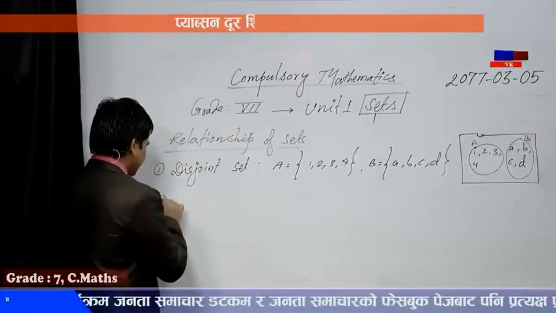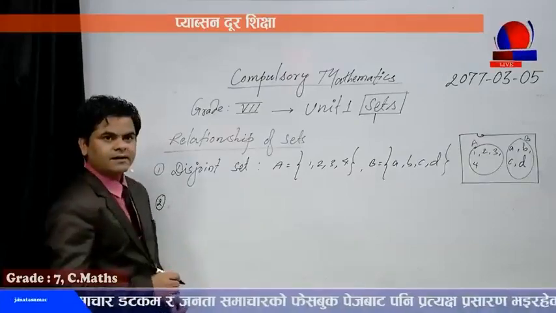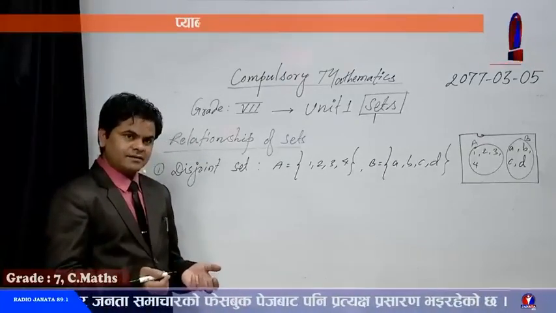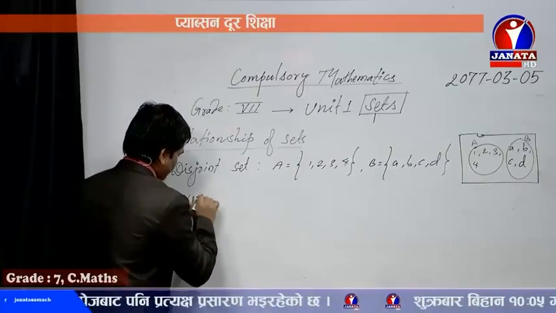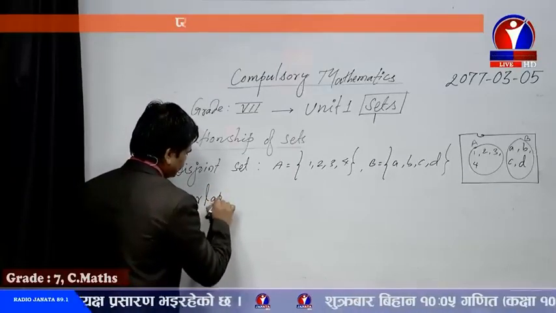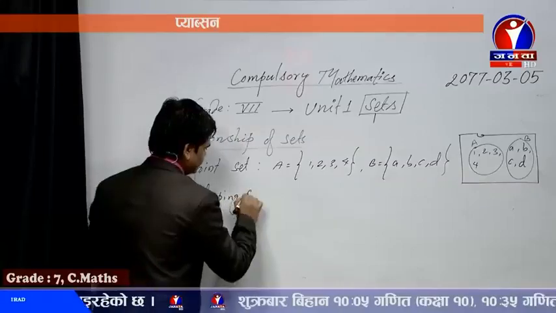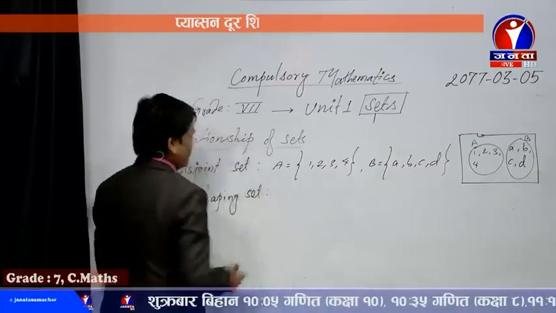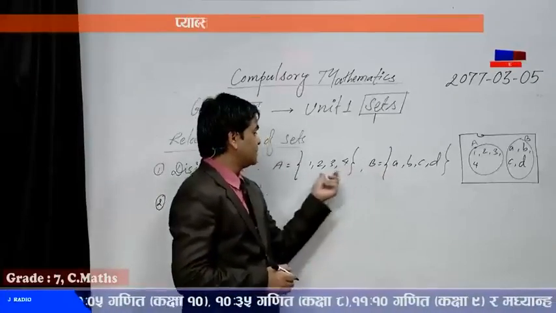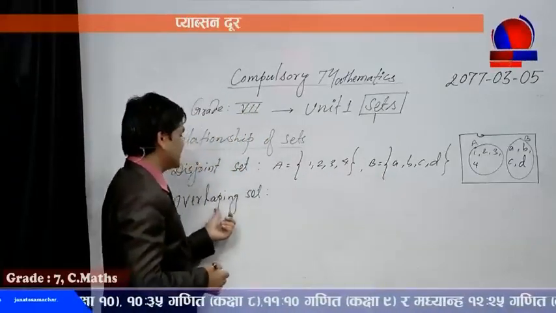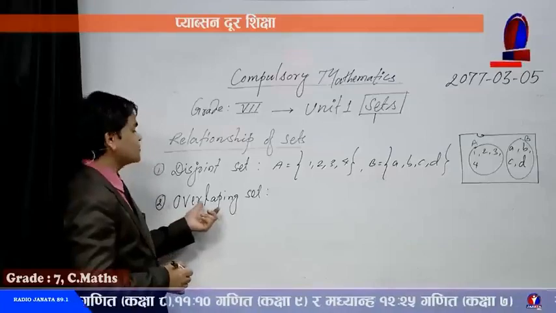Now let's go to another one, dear students. Another one is overlapping set. Just opposite to this one, where there is no connection between the two sets, in case of overlapping set, this is also known as intersecting set.